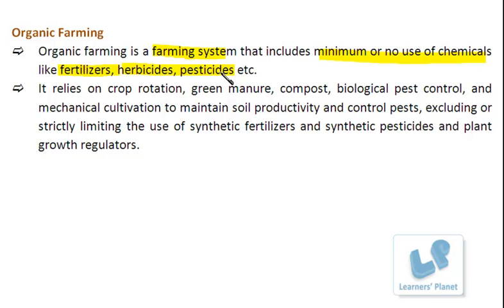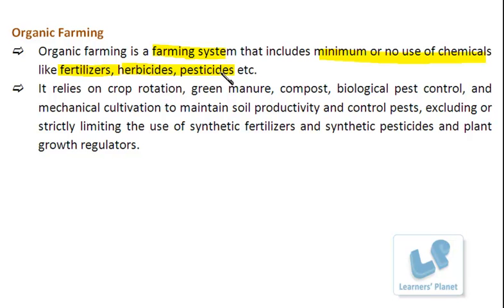For pesticides, neem type of products are used. The leaves of the neem, the margosa plant, are used for protection against various types of pests. There are many more similar examples, but the main concept is that the use of chemicals is essentially minimized in such type of farming.